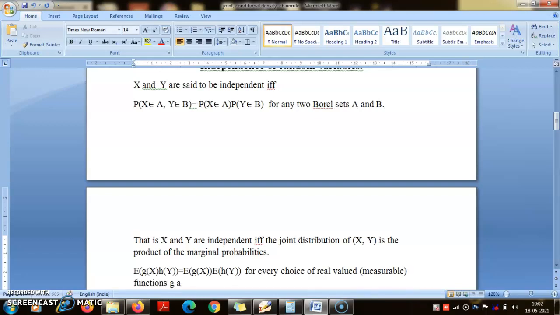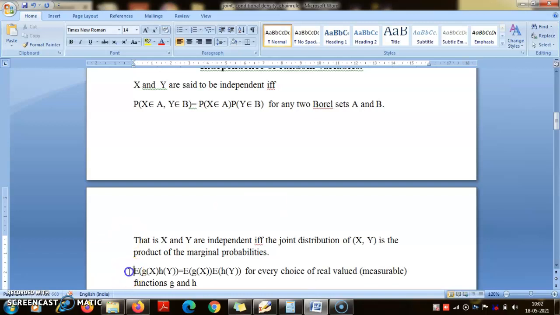So you take all possible functions g and h that you can imagine. Expectation of g(X) into h(Y) should be the product of the expectations.